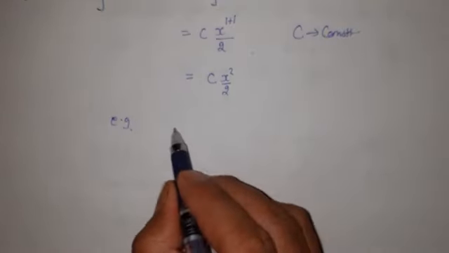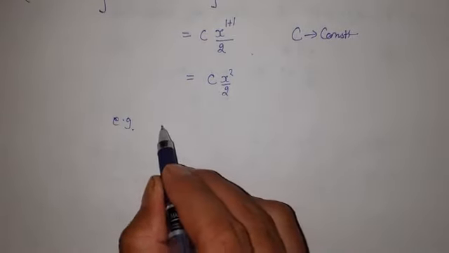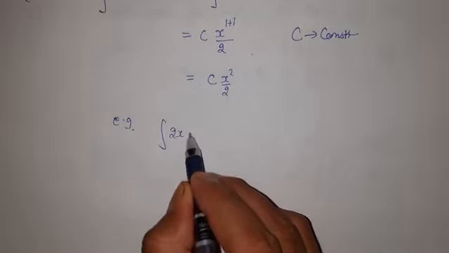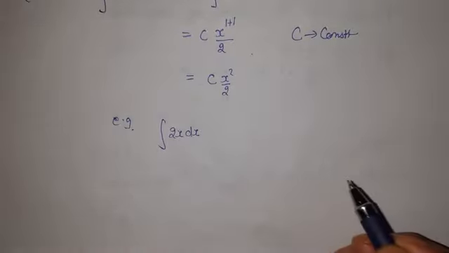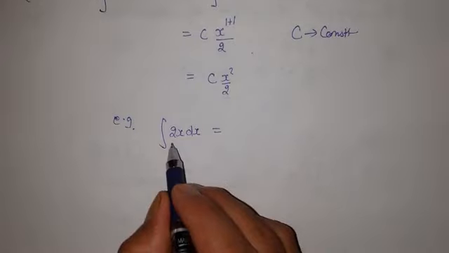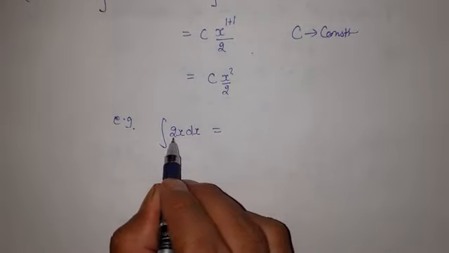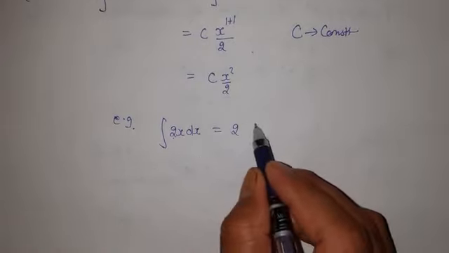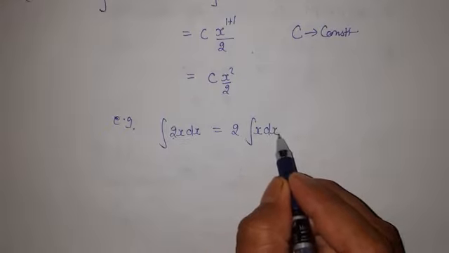जैसे example के लिए हम बात करते हैं यहाँ पे, that I am having the integration of 2x with respect to x, find it out. What will come over here? Now 2 is a constant value, so we should take it out, and inside there will be x dx.